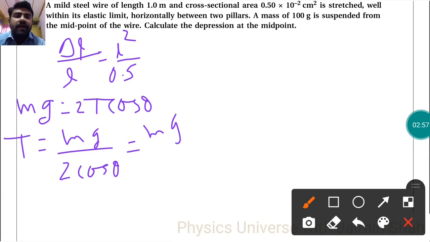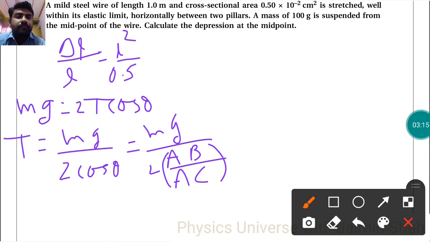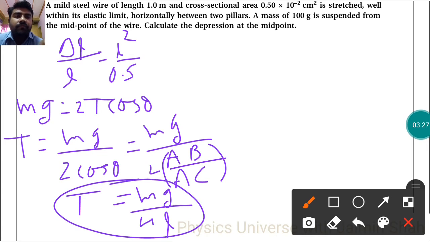Cos theta is AB upon AC, that value, so the answer will be mg upon 4L. So the tension will be mg upon 4L. We have delta L upon L and the tension.